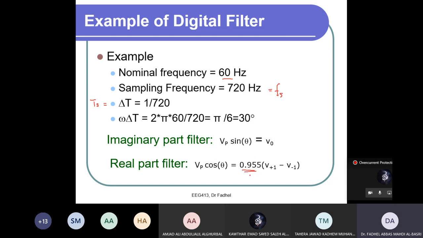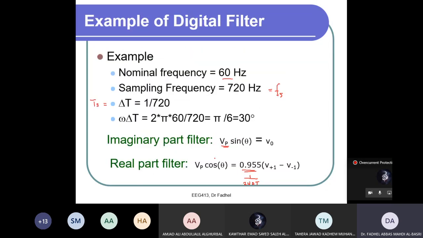This is 1 over 2 omega delta T, so I can calculate this beforehand. So I have these two digital filters that I need to program inside the microprocessor. For every three samples I get in, I want to estimate these two quantities, and from them I then estimate VB and theta. All right, so this is my algorithm.